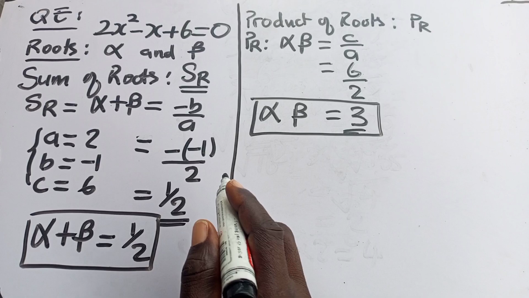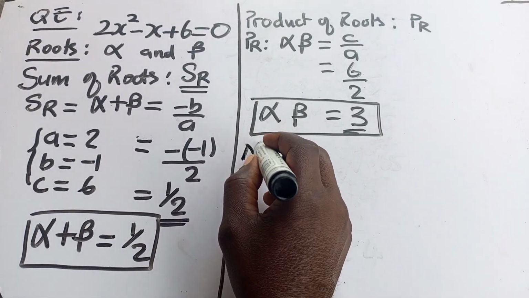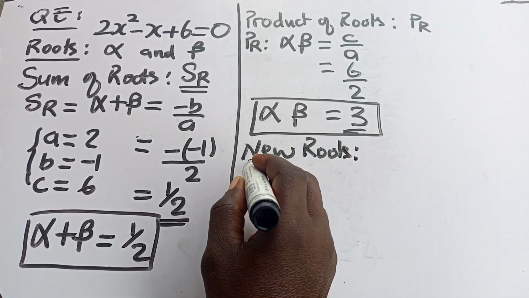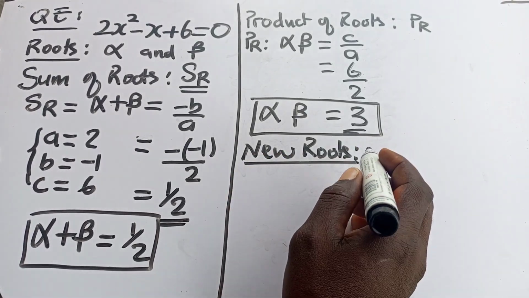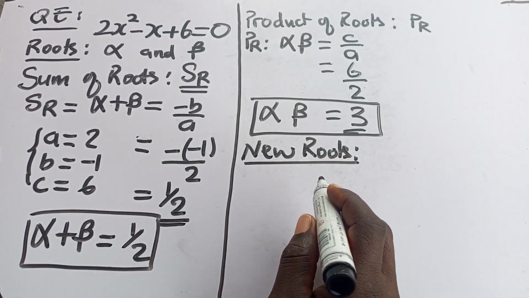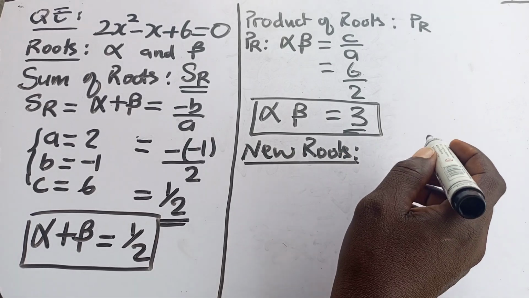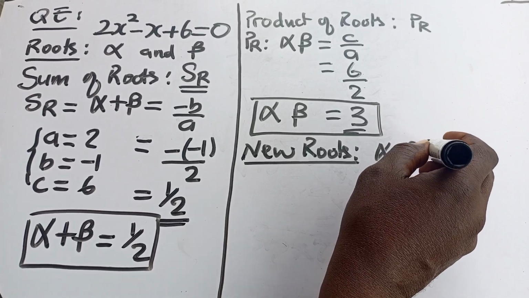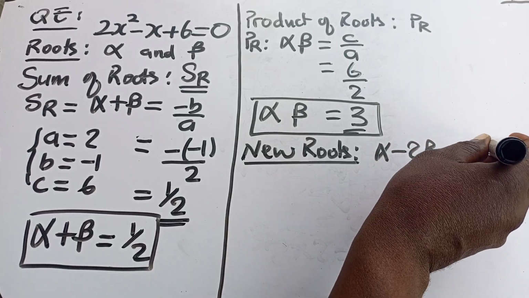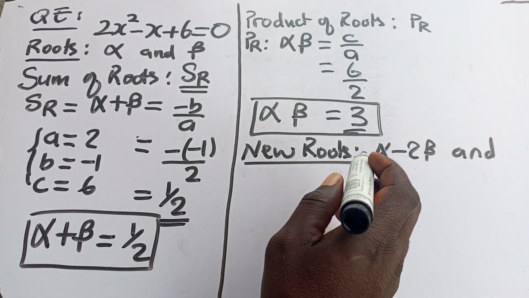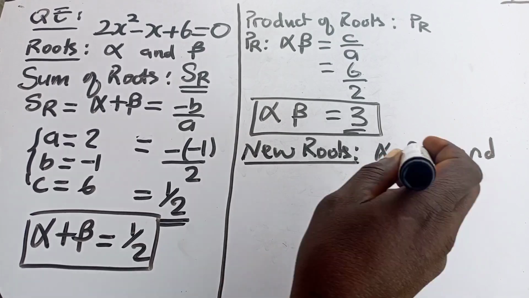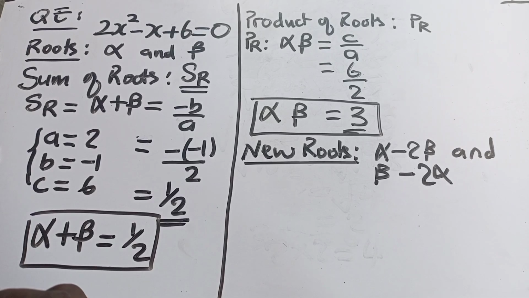Fine. Now, we are given new roots. What are our new roots? The new roots that were given are alpha minus 2 beta and beta minus 2 alpha to form a new quadratic equation.